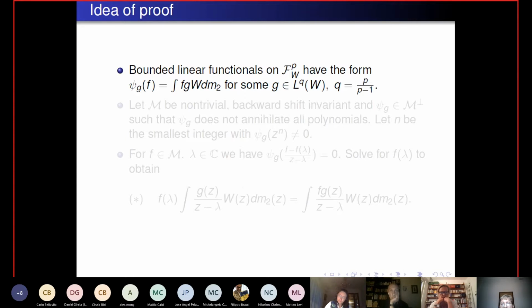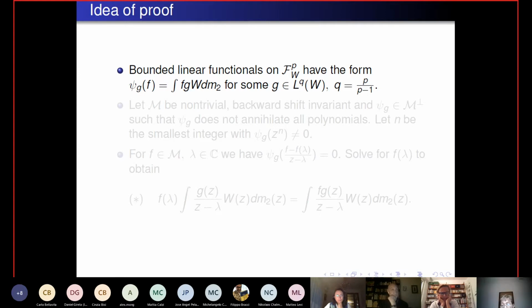Well, you have to analyze the annihilator, right? So this means we should know how the functionals look like. Since we are in a subspace of weighted L^p, they are just given by integration against some function in L^q, where q is the conjugate index, right?